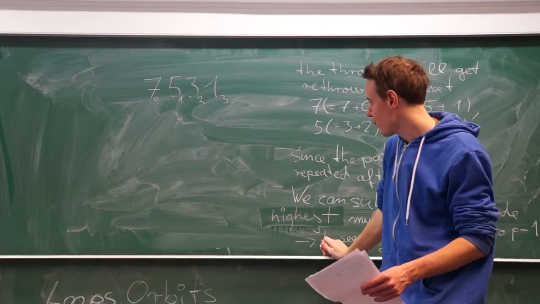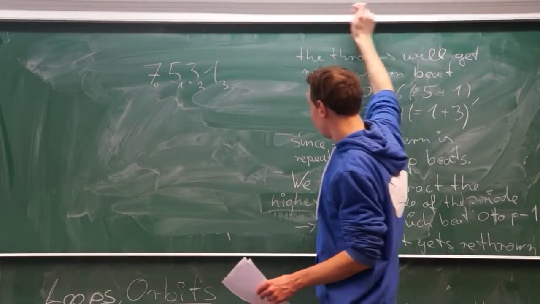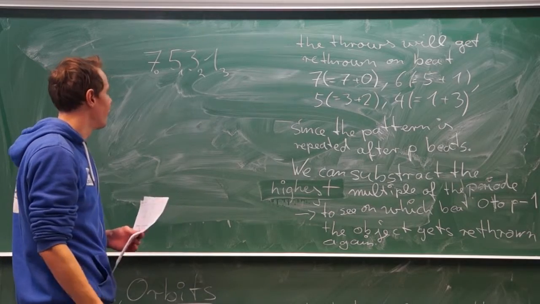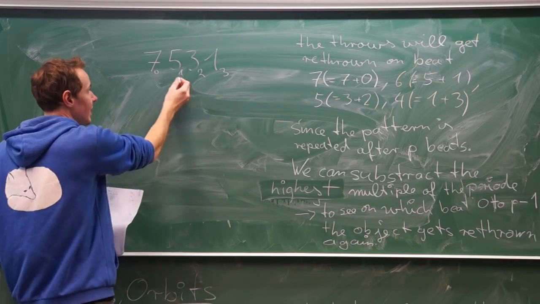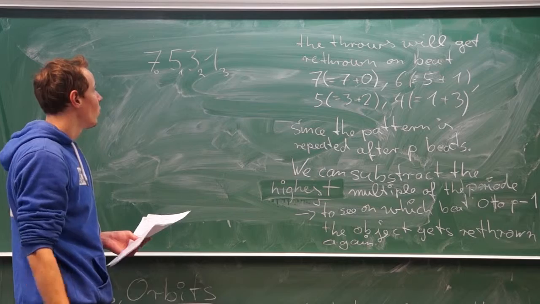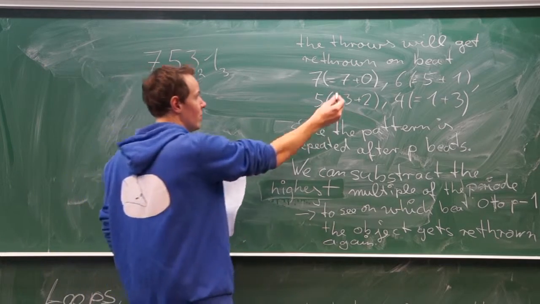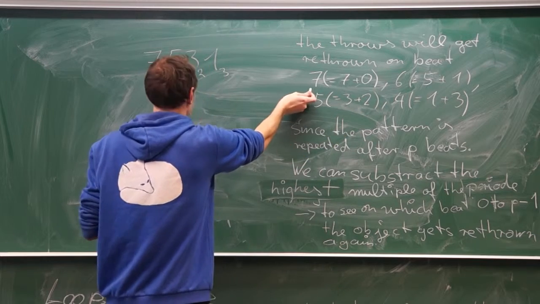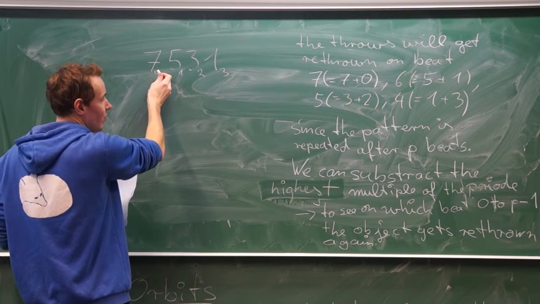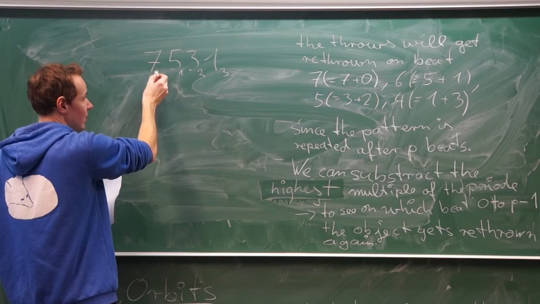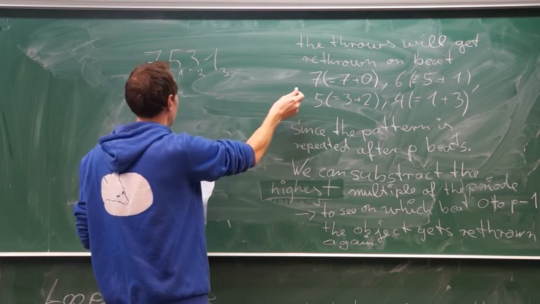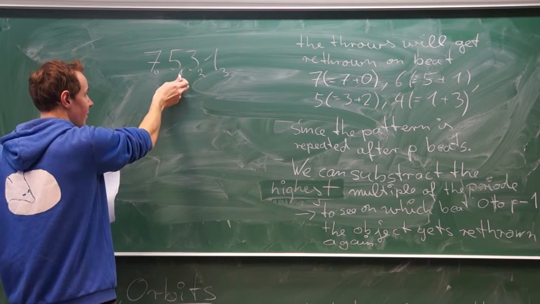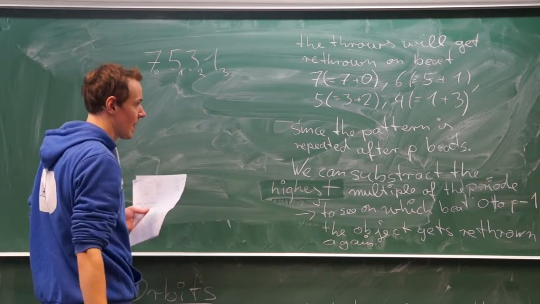So we have this lovely pattern 7, 5, 3, 1, and we enumerate the beats. And we know that those throws will get rethrown on those beats. For example, the first throw will be rethrown at beat 7, because 7 plus 0 is 7. The next will get to beat 6, because 5 plus 1 is 6.